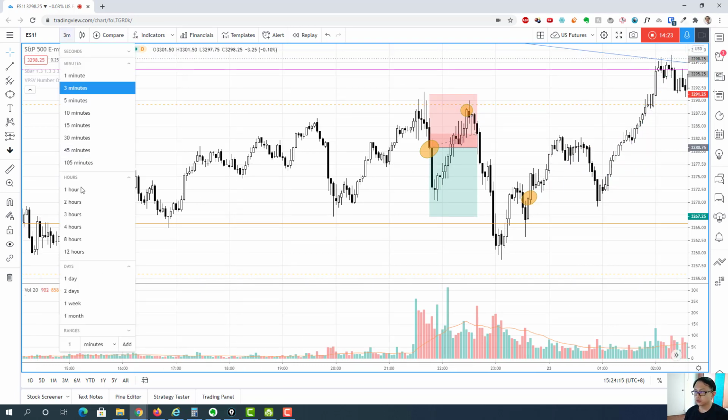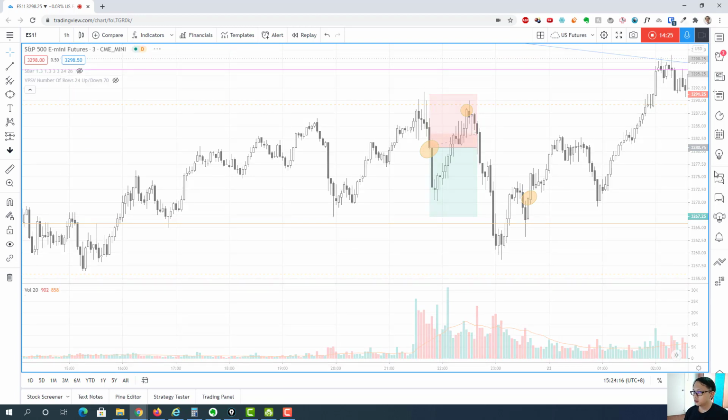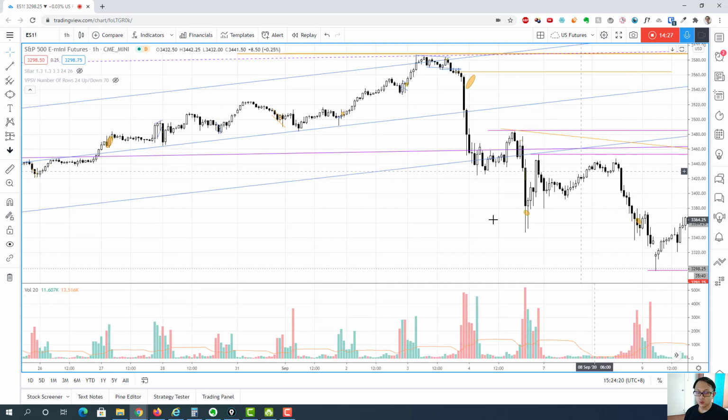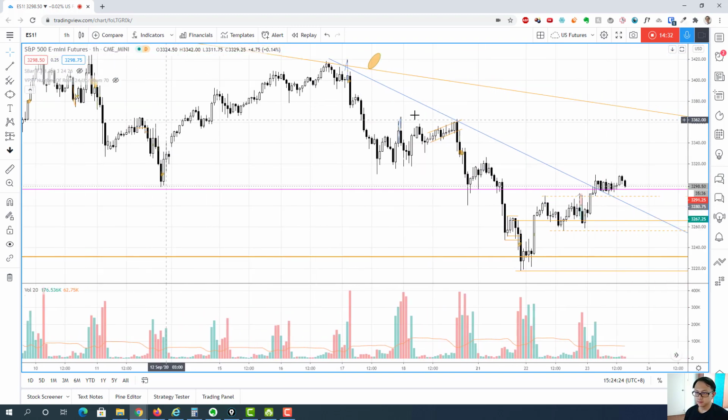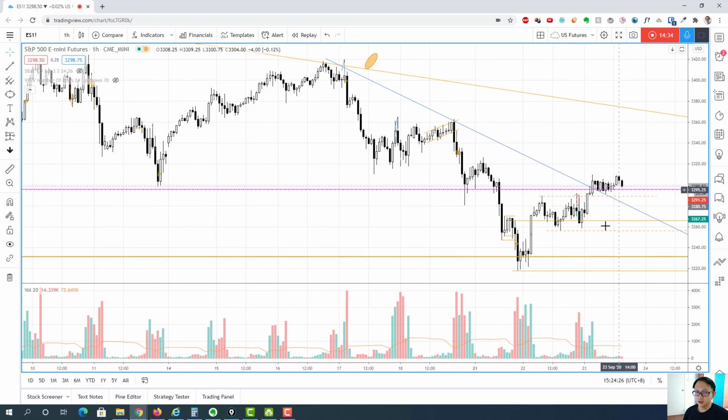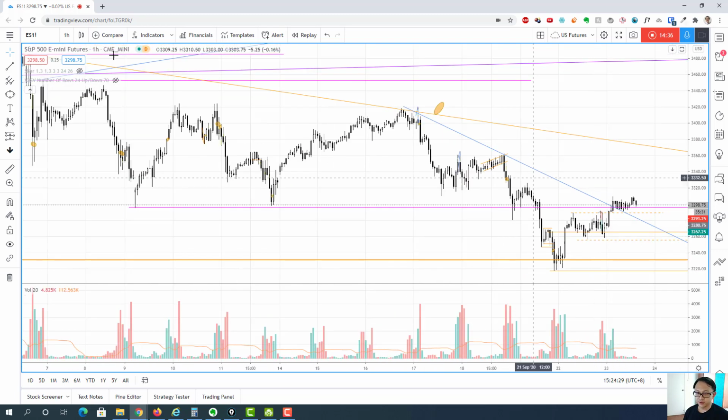So let me just quickly go back to the 1 hour time frame, and let's talk about the current market condition. I think right now we are at a very interesting time. First of all, as I pointed out in the daily chart here, we definitely saw some kind of demand come in, and eventually I think it finally reflected in yesterday's action.